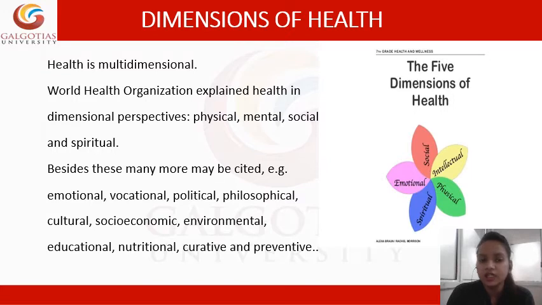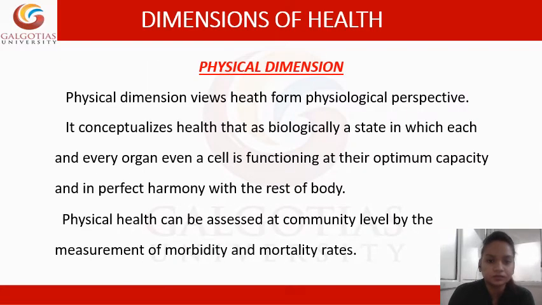Health is multidimensional. The World Health Organization explained health in dimensional perspectives: physical, mental, social, and spiritual. Besides these, many more may be cited. For example: emotional, vocational, political, philosophical, cultural, socio-economic, environmental, educational, nutritional, curative, and preventive dimensions of health.